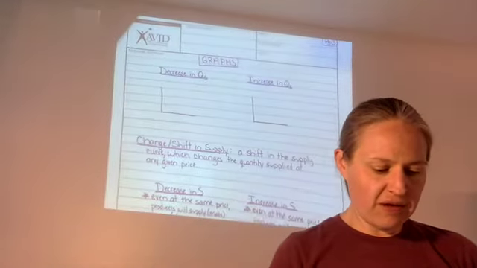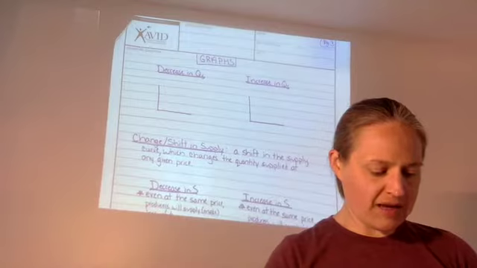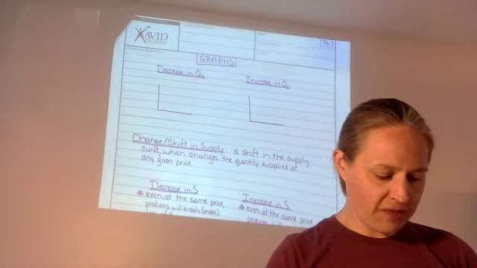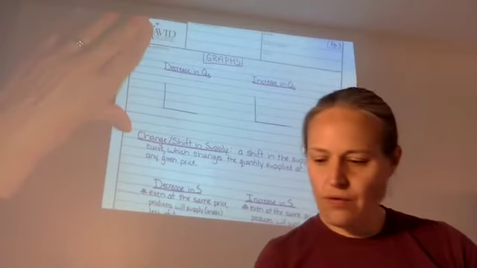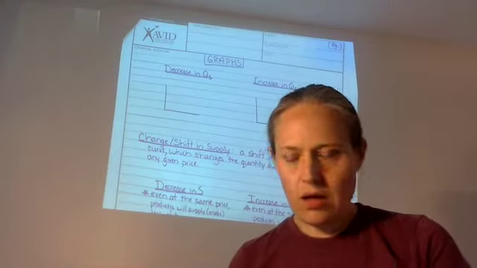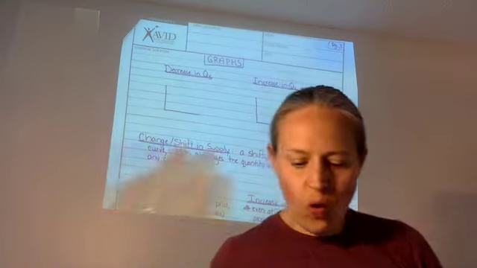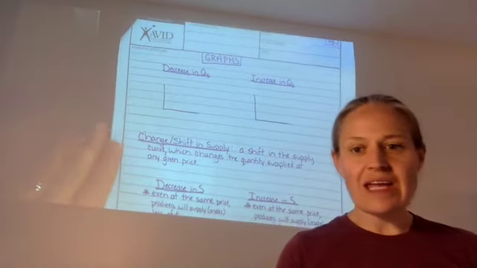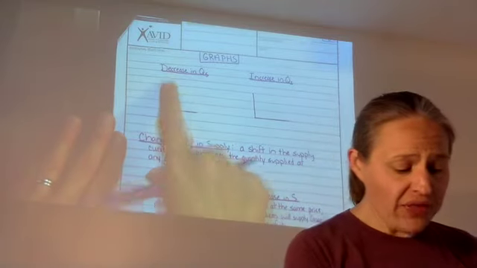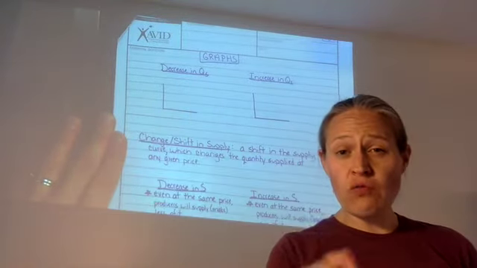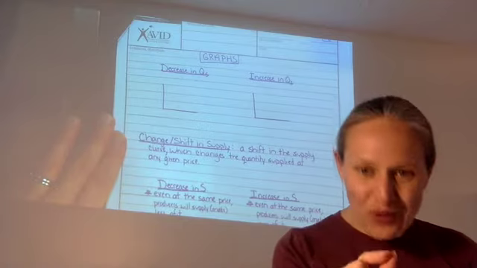Which is decrease in and increase in quantity supplied and supply. All right, so now remember, quantity supplied is a point. Supply is a line. So when we think of decrease in quantity supplied, we're going to go from one point to another point.